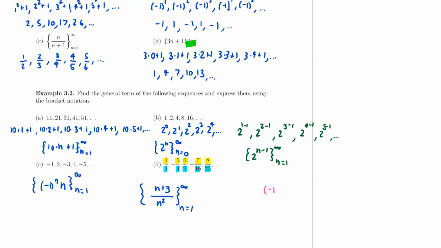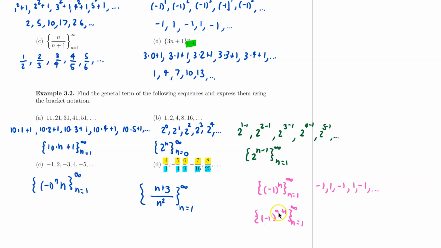If I have negative 1 to the n go from 1 to infinity, then for this sequence, the first terms are going to be negative 1, 1, negative 1, 1, negative 1, and so on. But if I have negative 1 to the n plus 1, so I just add 1 to the n here, this is going to cause a shift in my numbers here.